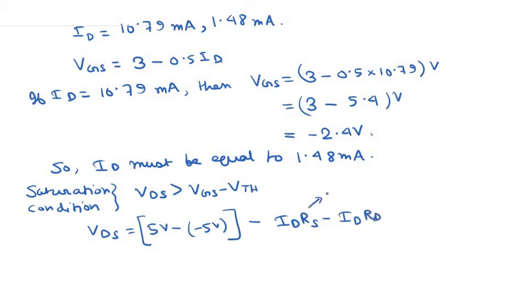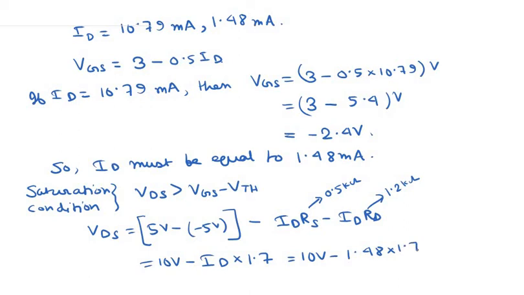Rs was 0.5 kilo ohms and Rd was 1.2 kilo ohms. So this is equal to 10 volts minus ID into 1.7 kilo ohms, so 10 volts minus 1.48 into 1.7 volts, and this is equal to 7.484 volts.